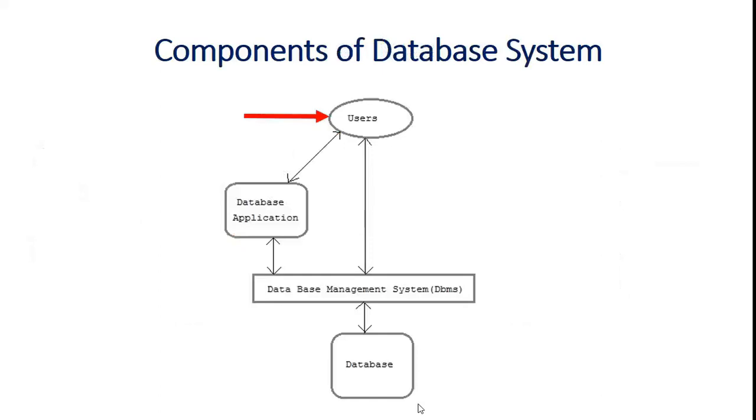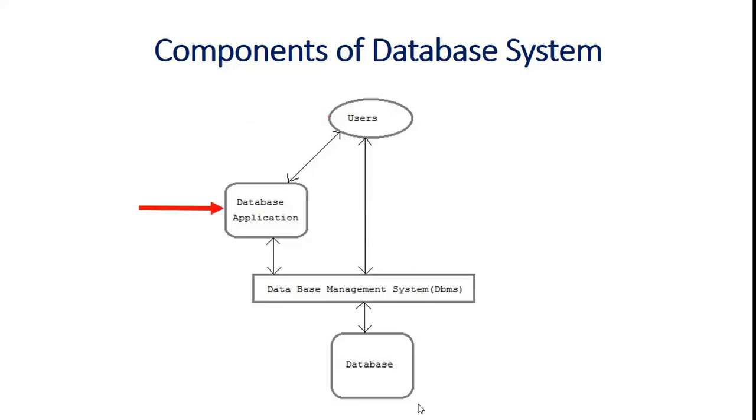Components of database system. A database system can be divided into 4 components. As described in the picture, you can find users, database applications, database management systems, and database. Users may be of various types, such as DB administrator, system developer, and end users.